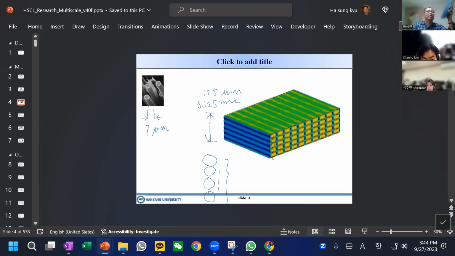Anybody can calculate. 18. Right? 18 filaments of this carbon fiber.